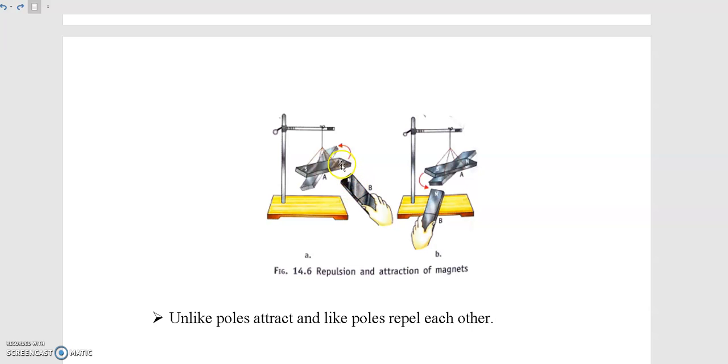So this is like poles, so it will go far away. That is, it will move itself, so it will repel. And these are unlike poles, so they will attract each other. All right. So this is one of the very important properties of magnet, that is, unlike poles attract and like poles repel each other.